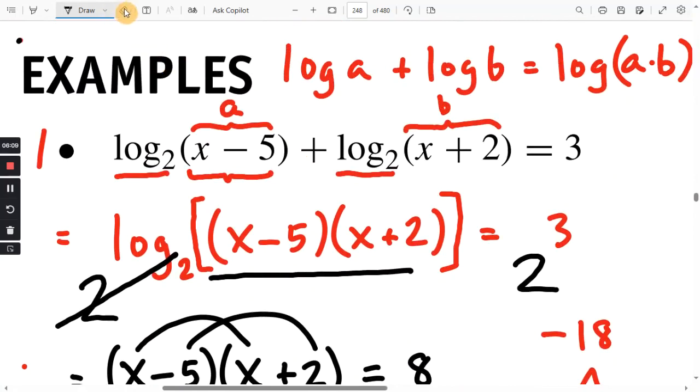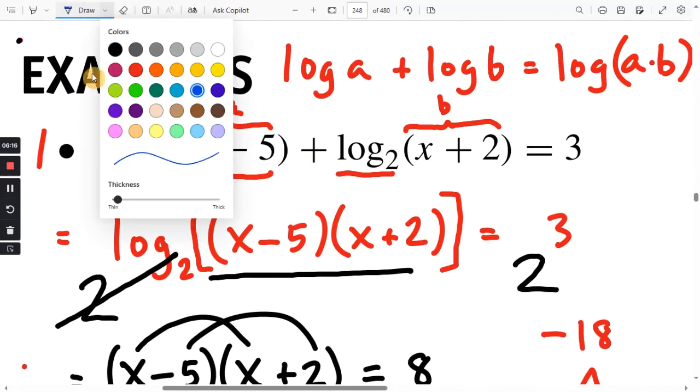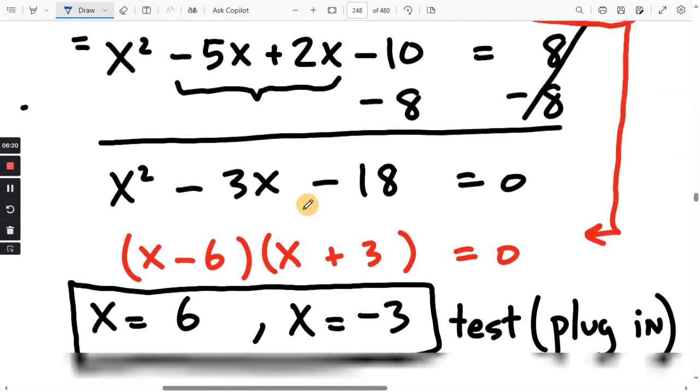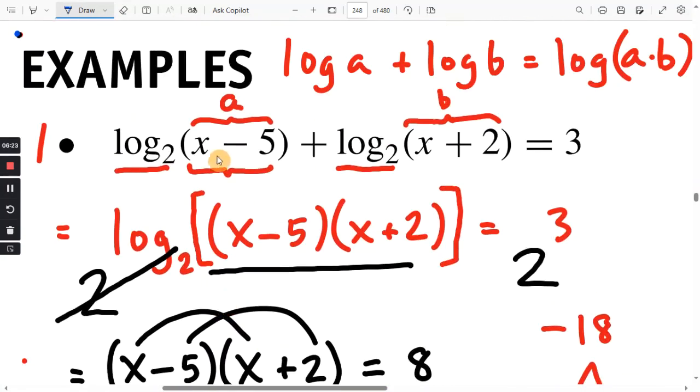If we use x equals 6, that's going to be 6 minus 5, a positive 1. Remember, the thing you're taking the log of has to be positive. We would get 6 minus 5 or 1, that's positive, and 6 plus 2 is 8, that's positive. So the 6 is okay.